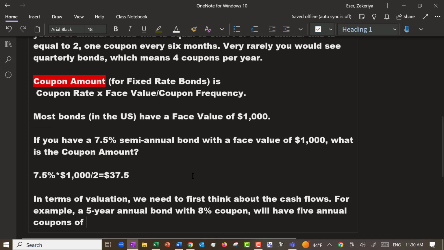It's an 8% coupon, annual coupons. What's the value of each coupon? $80. Because coupon rate means every year you pay 8% of the face value, which is 80. Since it's annual, there is only one coupon per year.